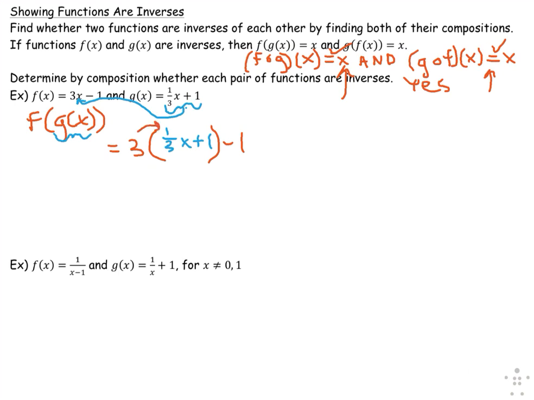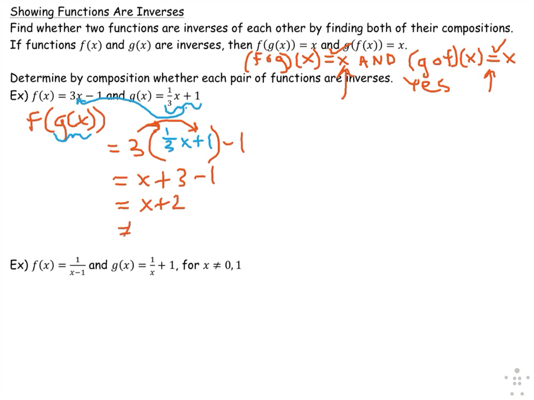Now we'll distribute that 3. Don't just multiply that 3 by the 1/3 and forget about the plus 1. Now a third of 3 is 1x, but then 3 times the 1 makes a 3 there, and minus 1. Now that's not too difficult to see that equals x plus 2, but it doesn't matter what it equals.